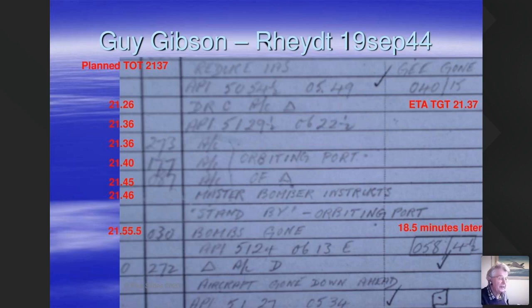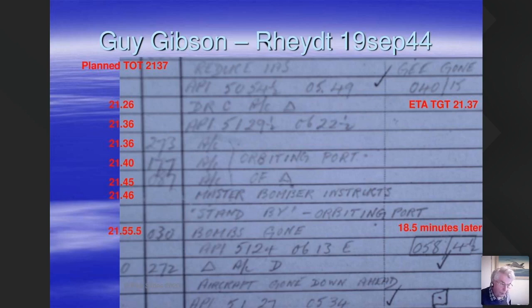As the chap was diving down, part of the covers to stop the exhaust glaring flew off, and it spoiled the chap's night vision. And as a result, there was a lot of messing around while they had to try and remark the aiming point. So here's the bomber stream of maybe several hundred bombers all piling up one behind the other, wanting to bomb, and they didn't have the aiming point marked.